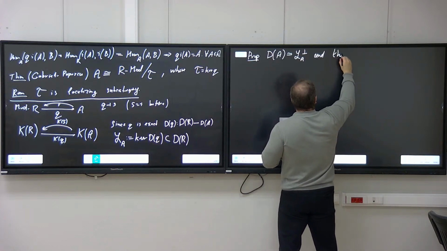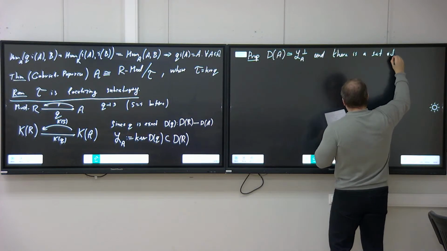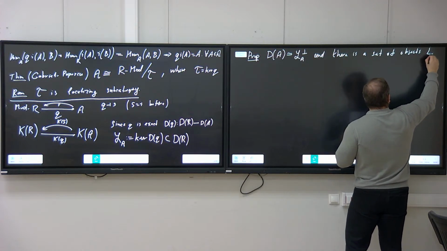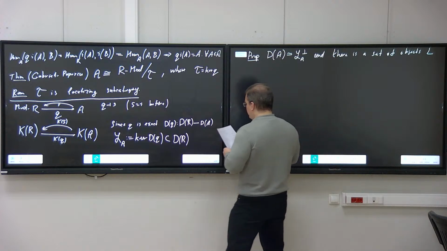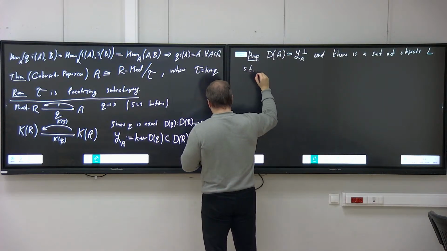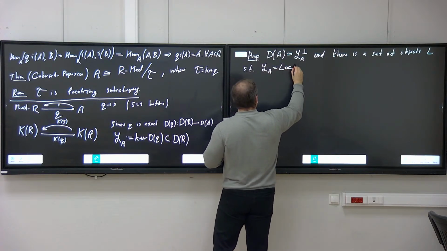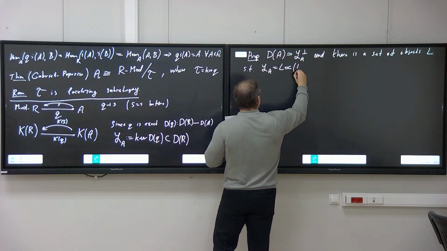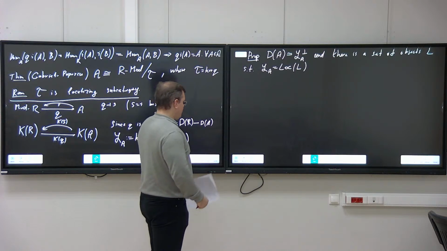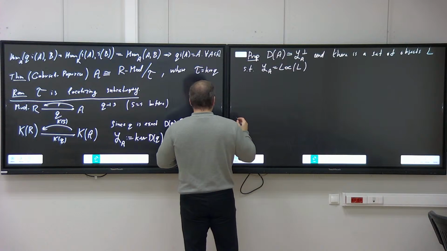There is a set of objects, let me call this L with a different font, such that L sub A is the localizing subcategory generated by this set of objects L. Okay.